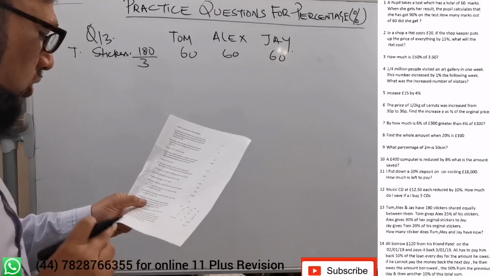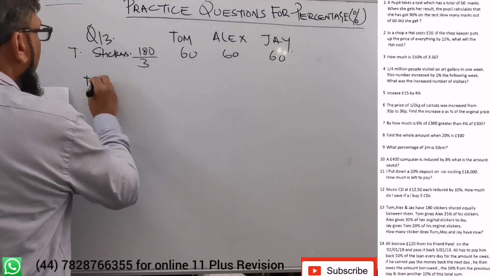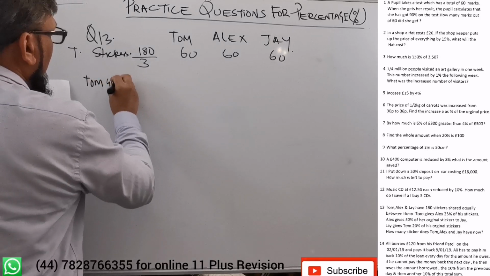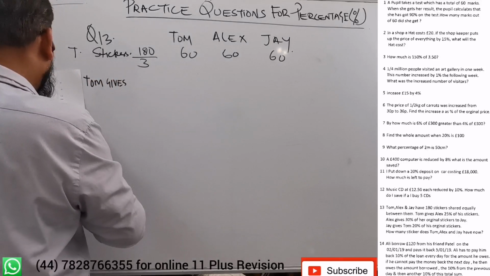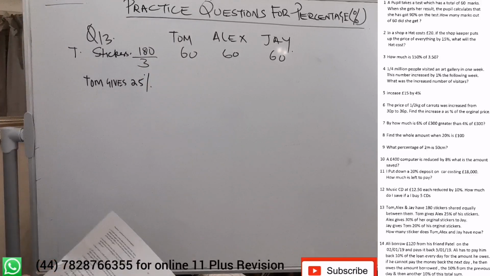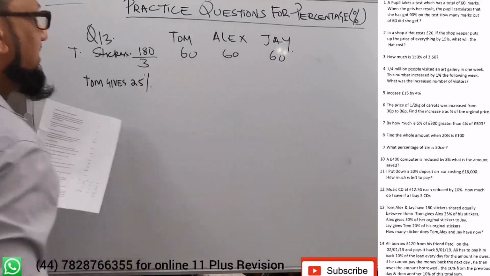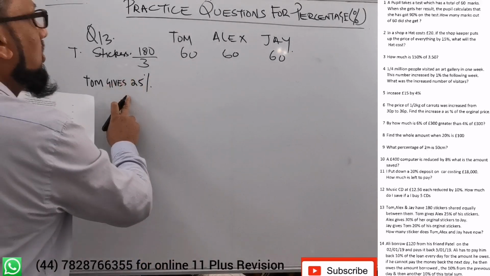Now move to the second line. Tom gives Alex 25%. So 25% of 60 we need to work out, which is given to Alex.